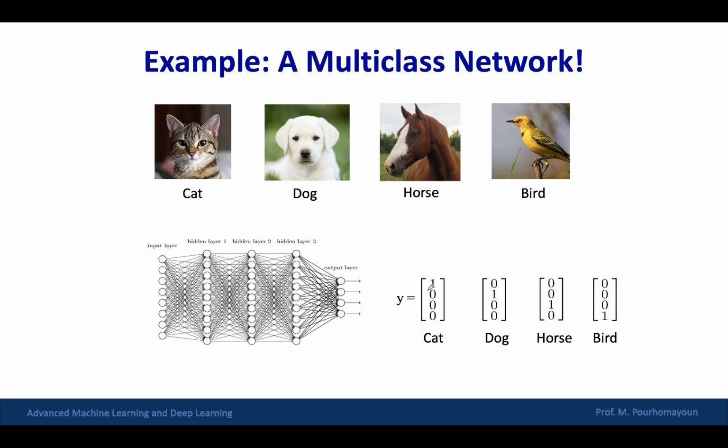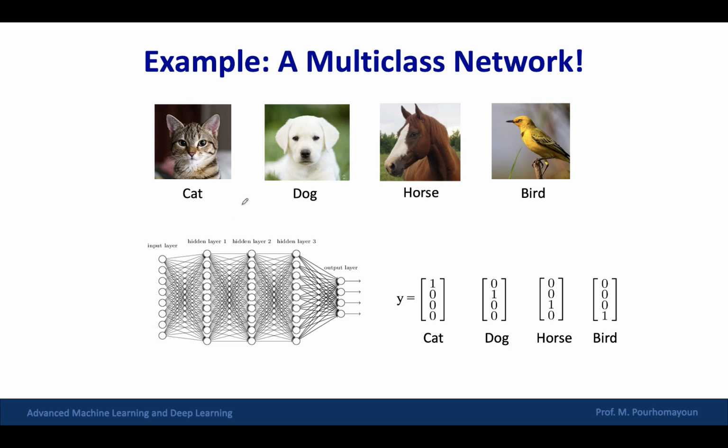But as a quick note, when you train your neural network and give it, for example, pixels of this image as inputs, and train it to detect this object for us, if it gives you 0 1 0 0, it means that the algorithm predicts with 100% certainty that the object is a dog.